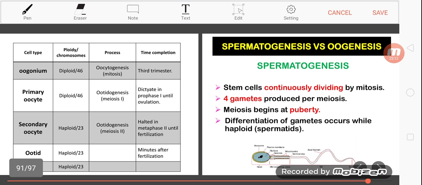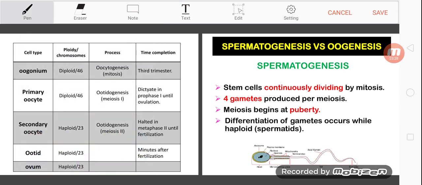In terms of ploidy or chromosome number, oogonium is diploid, primary oocyte is diploid, by the end of meiotic division 1 it becomes haploid, and then we get the haploid by the end of meiotic division 2.